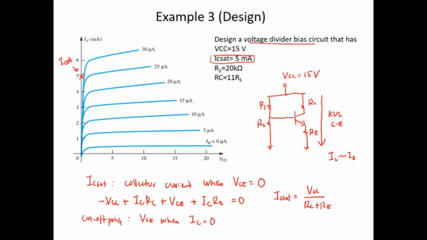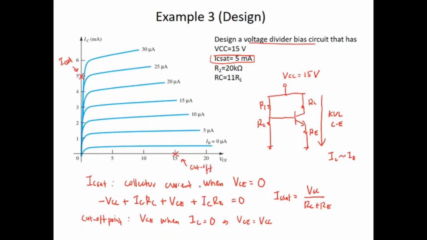Referring to the KVL at the collector emitter loop, when IC is 0, VCE will equal VCC. VCC is 15, so the cutoff point is here.